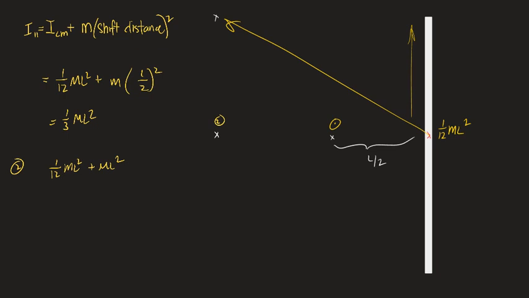Pythagorean theorem, probably the best way, because it's going to be L over 2 squared plus L squared to the 1/2 power. So that's 1 plus a fourth, or 5/4, is that right? So this will be the square root of 5/4 L squared.